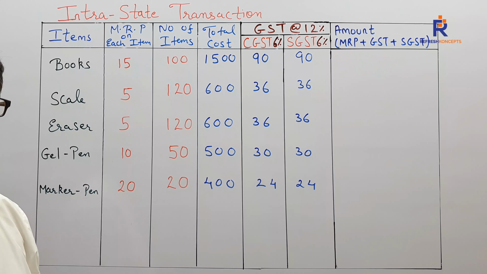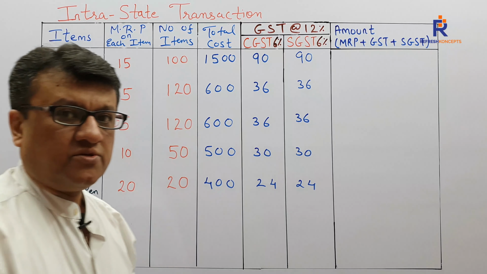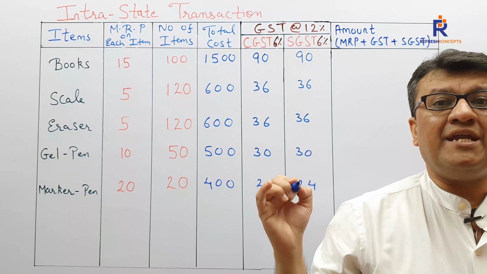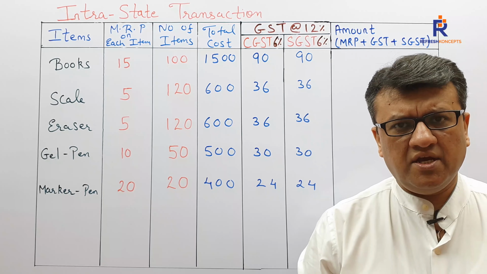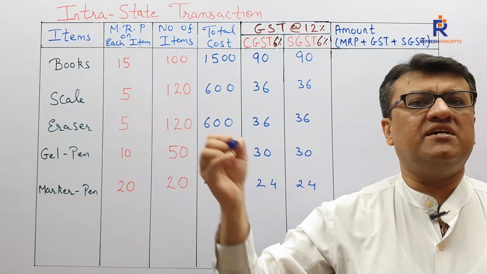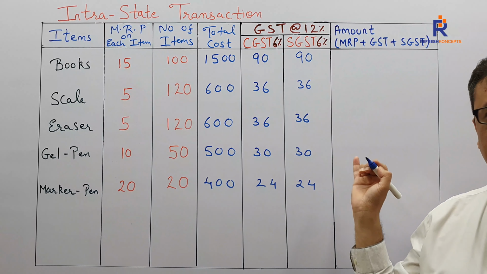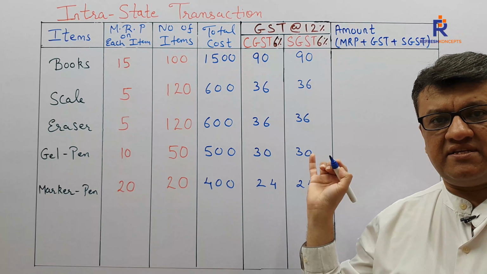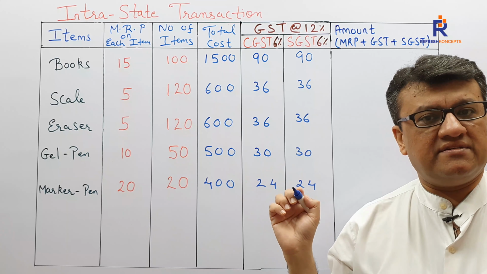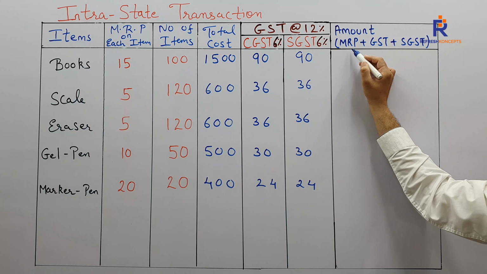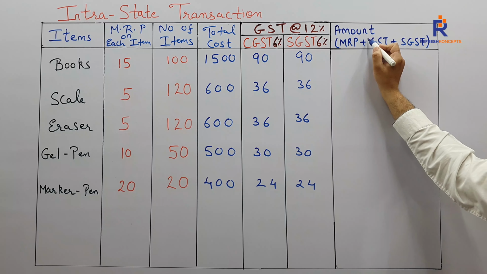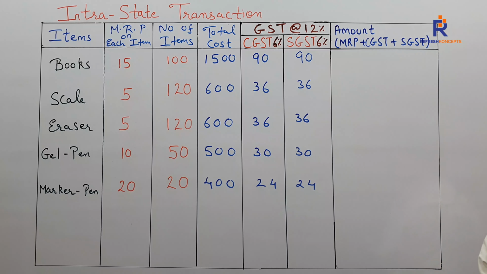Right, children? Now, what is the amount, or the bill paid by a retailer purchasing that item from the wholesaler, or dealer 1 with dealer 2? We are not being given any details of how the transaction takes place. So if a voucher is made, it would show the amount, which includes the MRP plus the GST, that is CGST and SGST, or GST at the rate of 12%, or for that matter 6% SGST and 6% CGST.